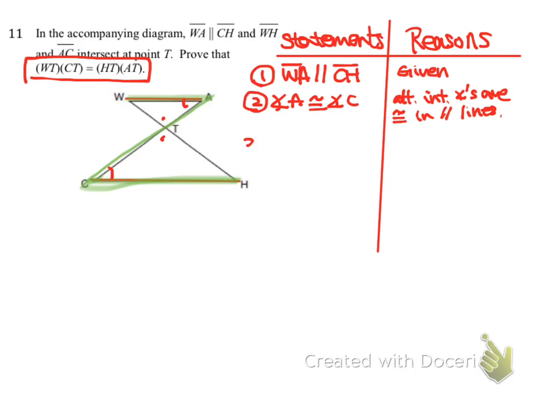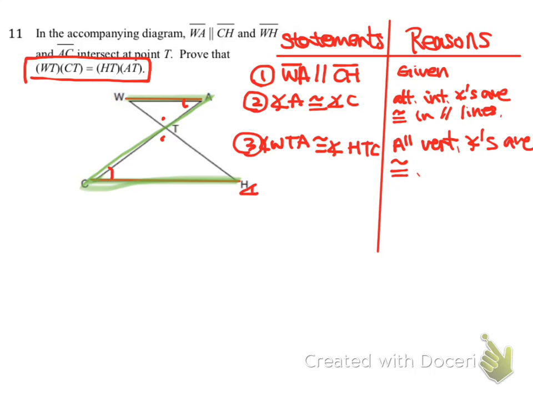Alright, number 3. We can say angle WTA is congruent to angle HTC. Why? All vertical angles are congruent.